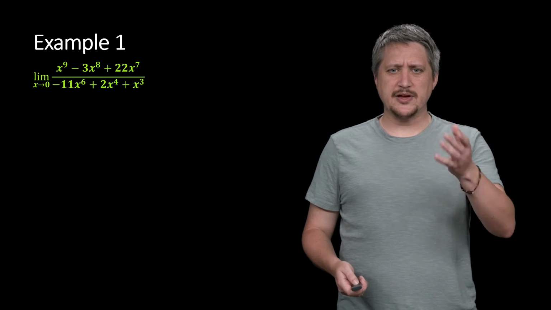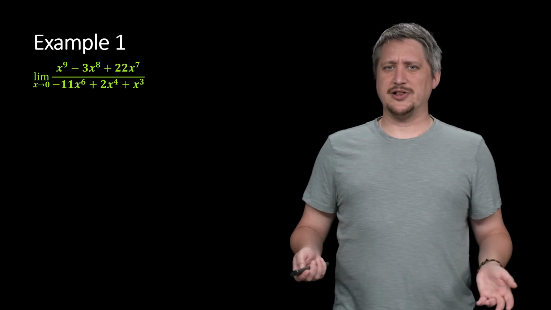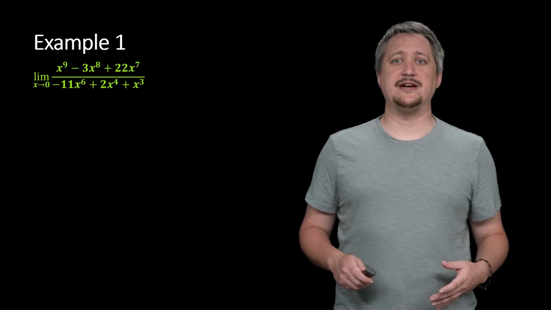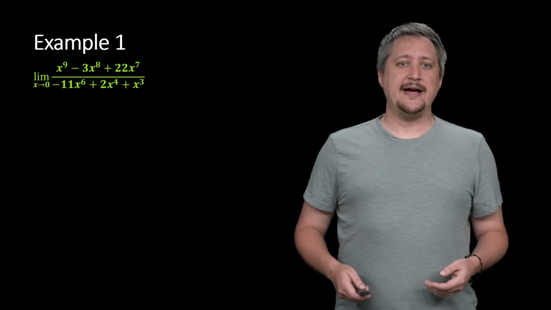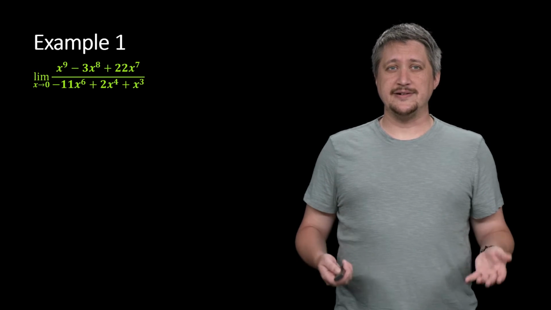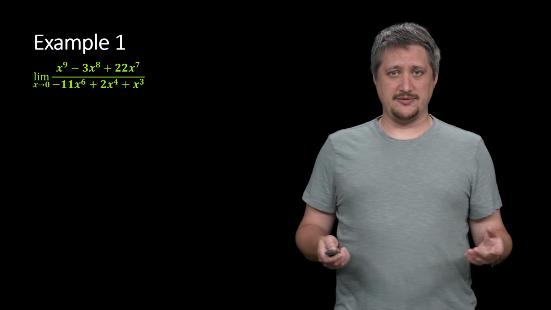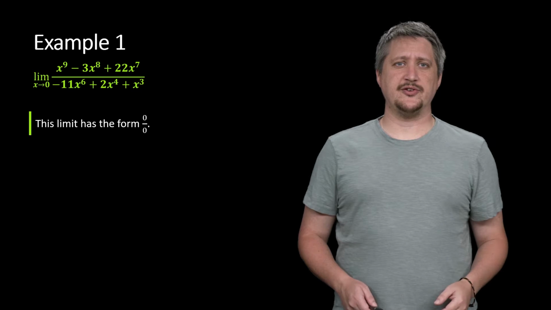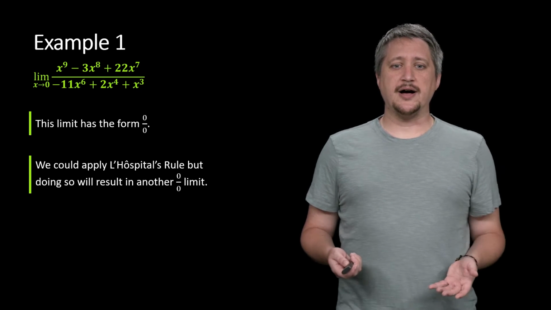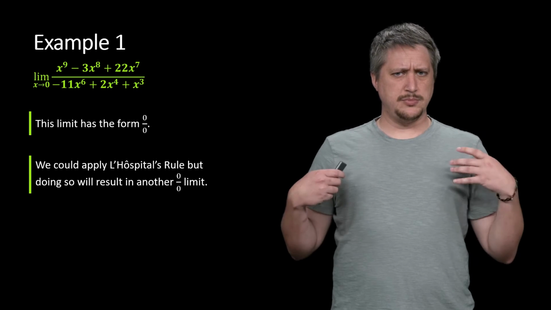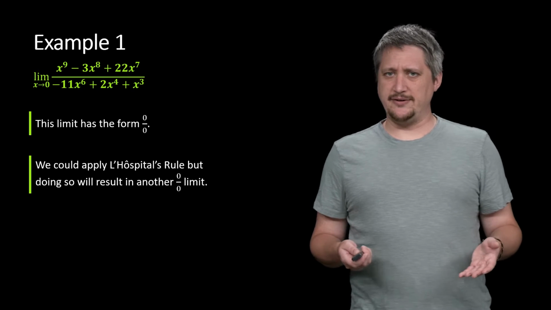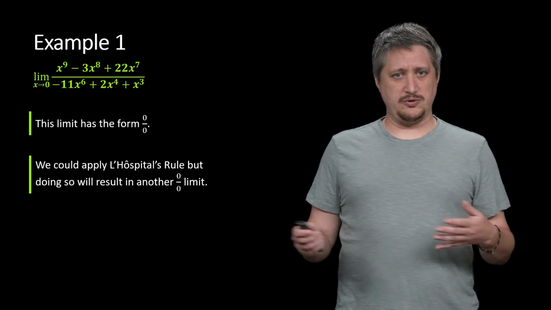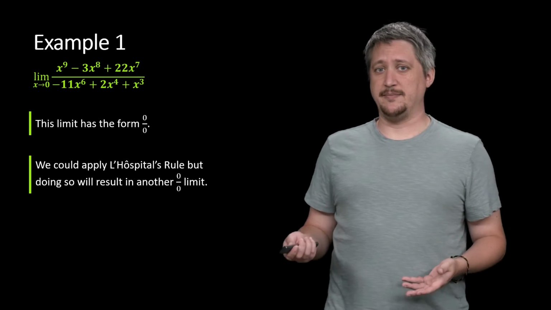Here we have a classic L'Hopital setup: a polynomial over a polynomial, and the limit is going to 0. If I plug in 0, I get 0 over 0. So it's true, we could apply L'Hopital's rule, but we would get another polynomial with x's on every term on the top and the bottom.